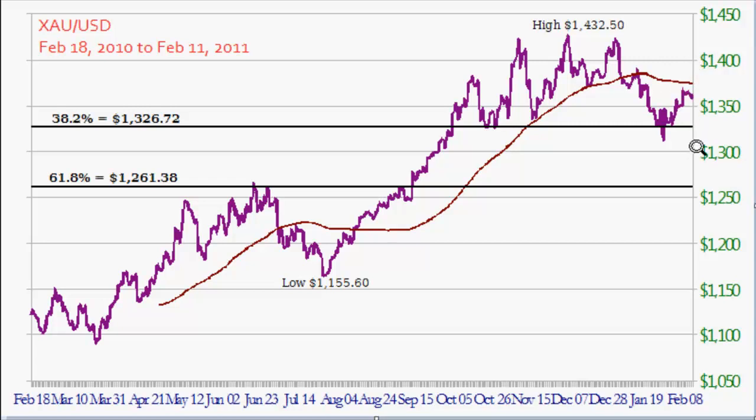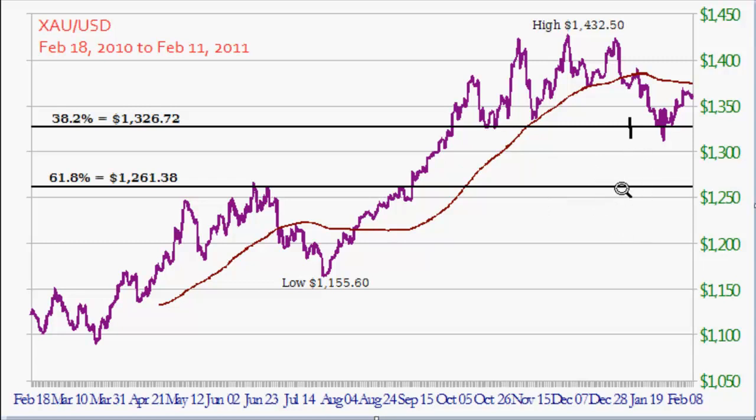Something's going to have to give, either a break below this level or it establishes its current trend of going higher. Now, on breaking below this level, the most logical spot for support becomes 1261.38, or roughly 1260.